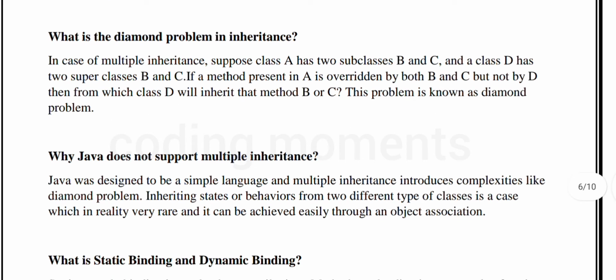Java was designed to be a simple language, and multiple inheritance introduce complexities like diamond problem. Inheriting states or behaviors from two different types of class is a case which in reality very rare, and it can be achieved easily through an object association.